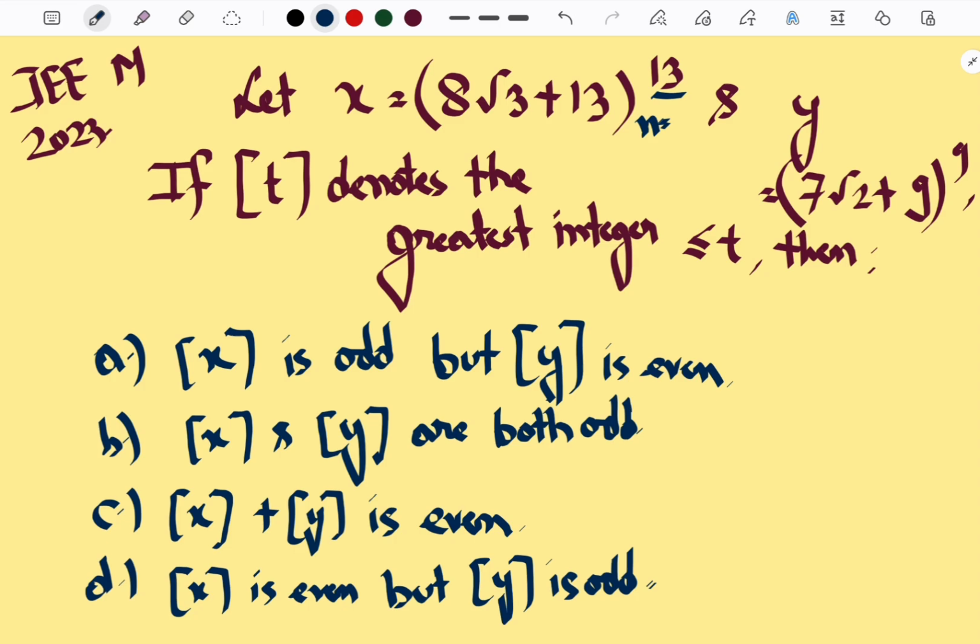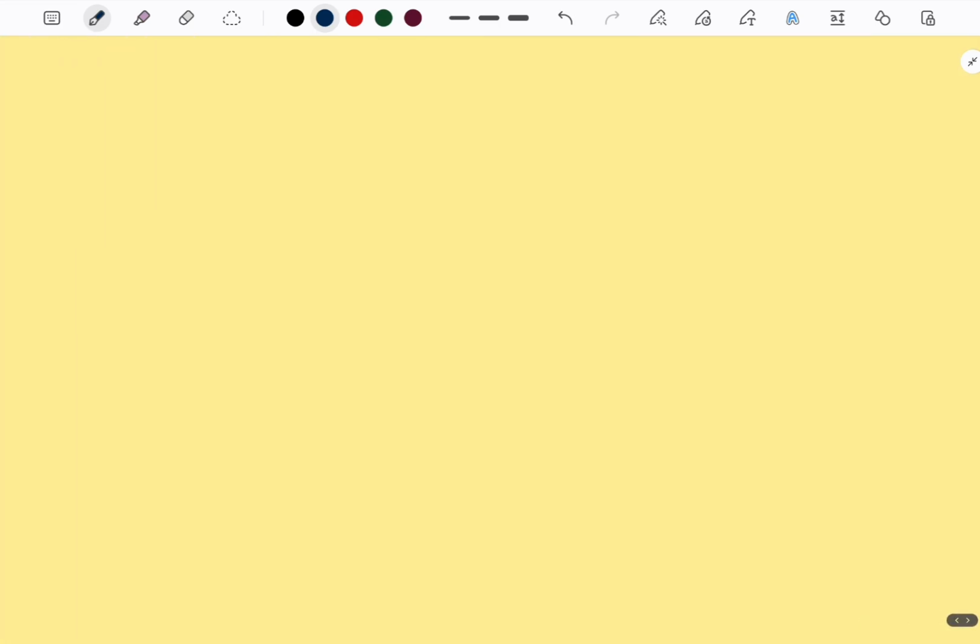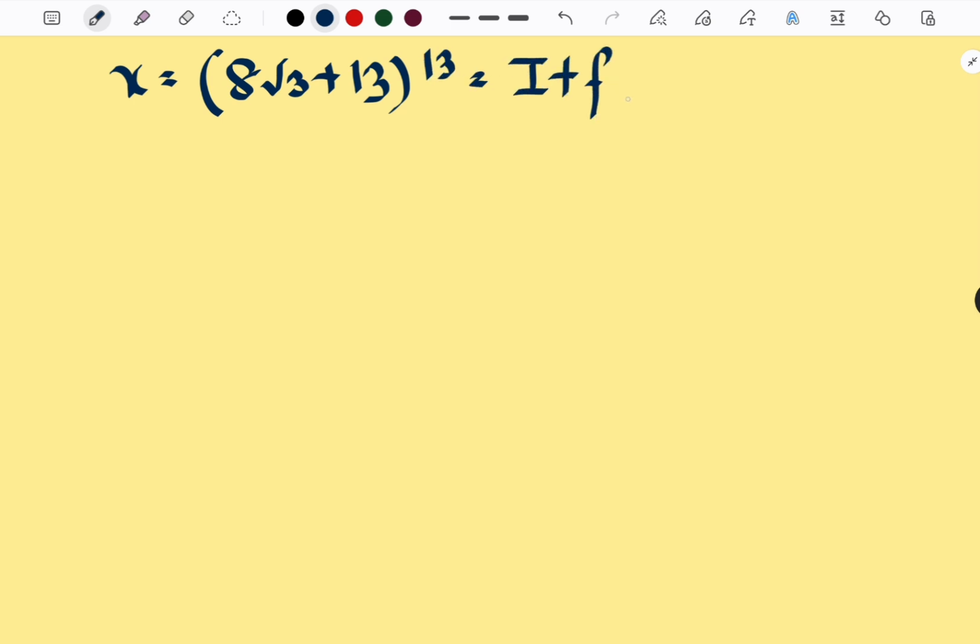So let's say x = (8√3 + 13)^13 = I + f, where I can be considered as the GIF of x, and f the fractional part of x, which is written in this way in the standard form.